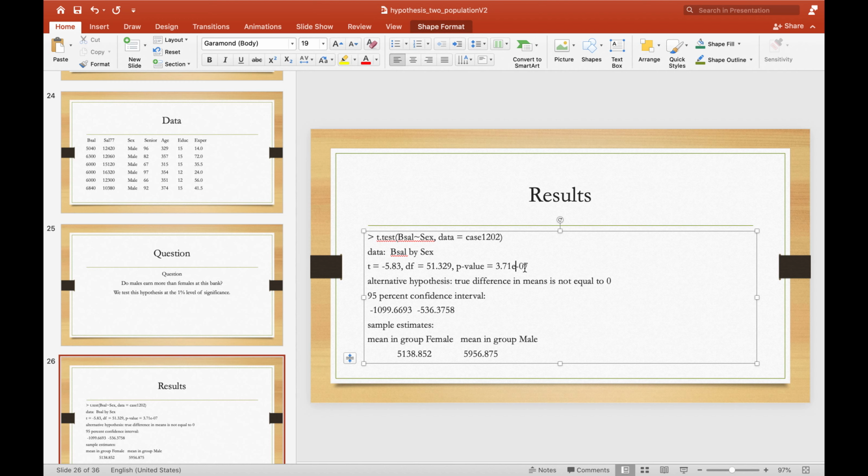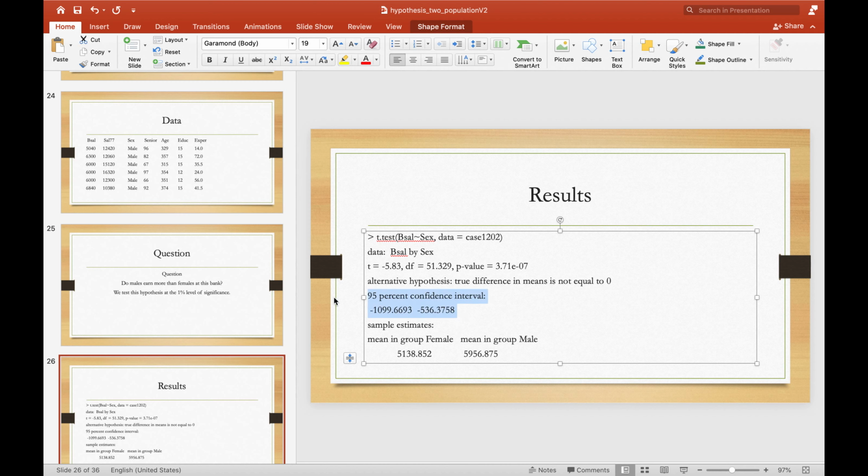Because the p-value is less than 0.01, I can reject the hypothesis of equal means, meaning I reject that the starting salary of men is equal to the starting salary of females.